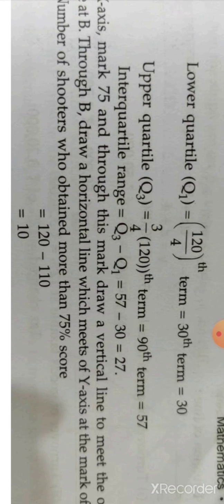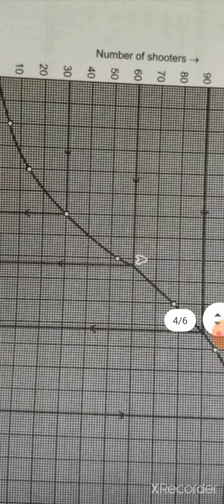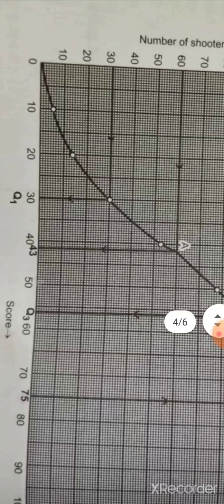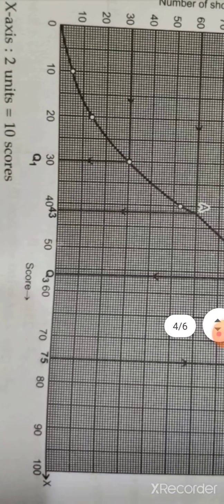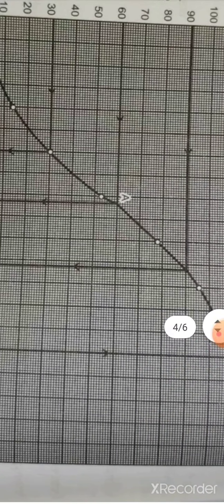From where do we find this? We have to find it from the ogive again. So for the 30th term, you see in the ogive 30 on the y-axis, from which you draw the horizontal line, and where it meets the ogive, there you draw the vertical line. And you can see on the x-axis Q1, that is 30. Similarly, for Q3 the value is 90.